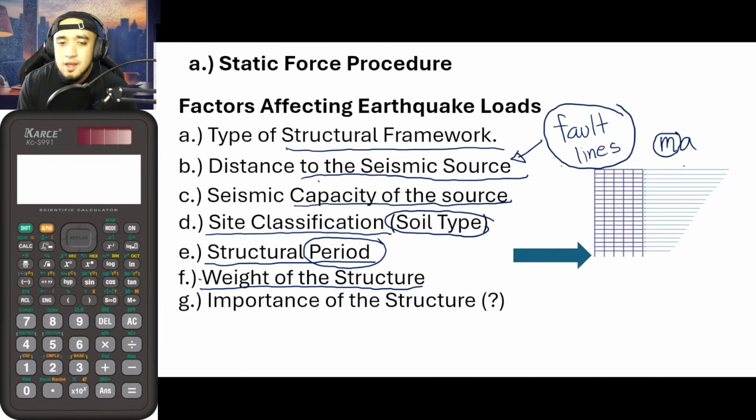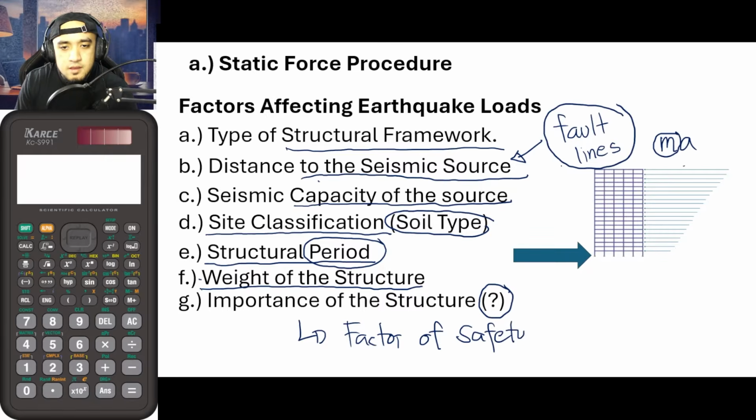I have indicated a question mark here because in real life, this won't really affect the base shear per se, but rather this is a factor of safety. So meaning here, let's say that the building that you are constructing is very important, for example, hospitals, evacuation centers, you would be applying some factor of safety onto it.